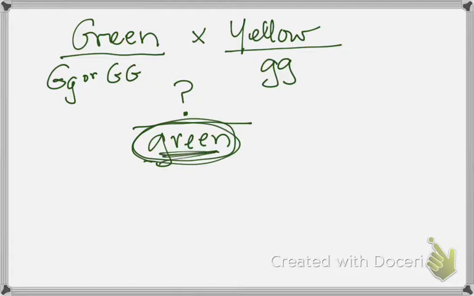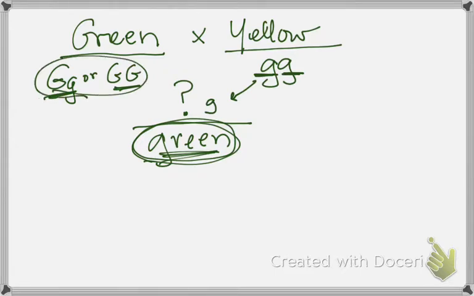Does it matter if the parent was big G, big G or big G, little g? Yes. If it was big G, little g, then you have little g. Okay. What gamete could the yellow parent give? This yellow parent could only give a little g gamete.